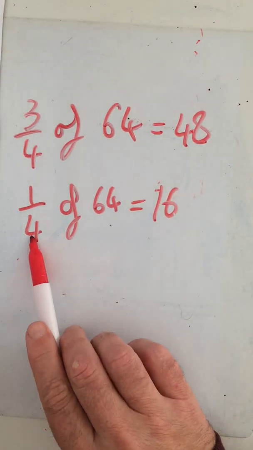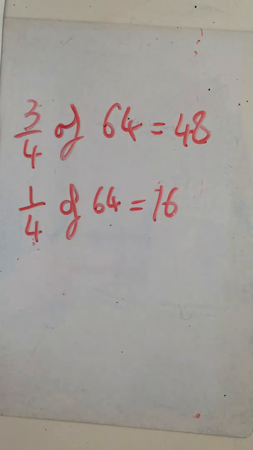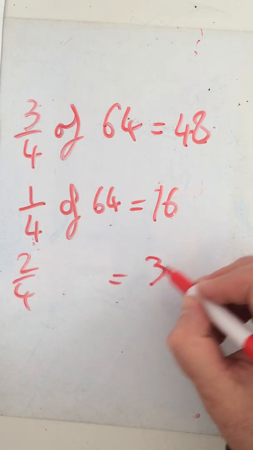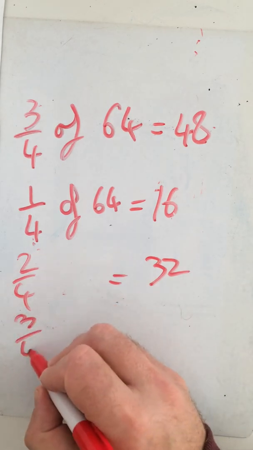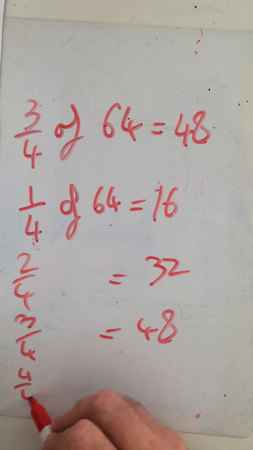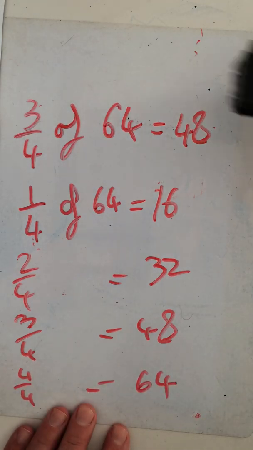Then 2/4 equals 32, 3/4 is 48, and 4/4, the whole thing, is 64. So you can see the pattern there. I'm sure you'll have done this before and find it pretty straightforward.